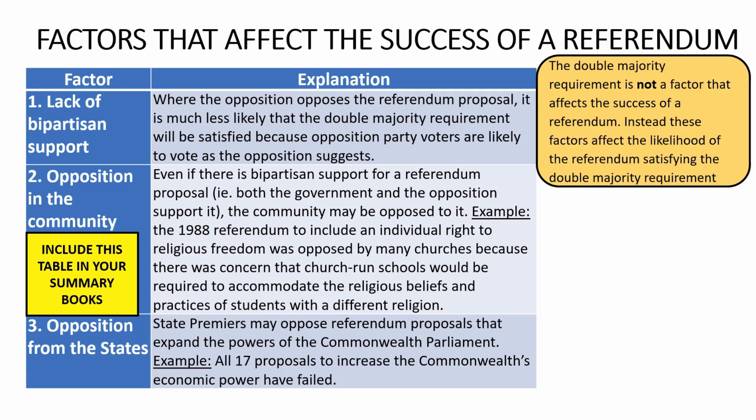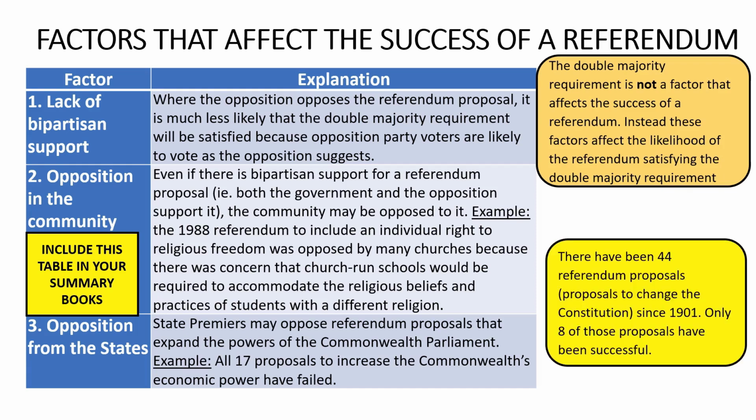Indeed, all 17 referendum proposals to increase the Commonwealth's economic powers at the expense of the states, for example, by taking away powers of the states to raise taxes and spend money and instead giving those powers to the Commonwealth, have failed. These 3 factors, lack of bipartisan support, opposition in the community, and opposition from the states, illustrate how hard it is to satisfy the double majority requirement unless the referendum proposal has substantial support.